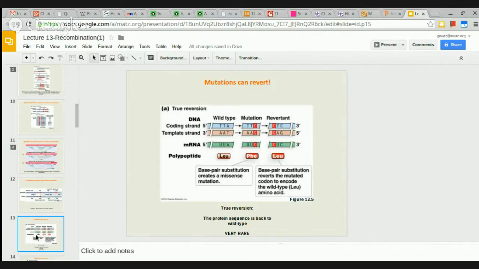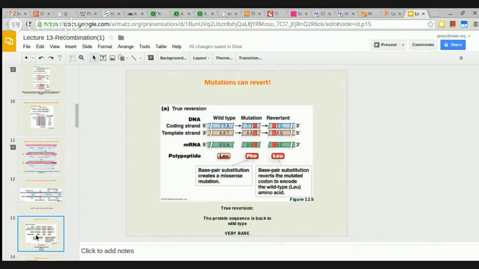And that's extremely rare. In fact, I worked for many years on bacteriophage, on E. coli, and then I did also, for better or worse, a PhD in yeast genetics. I've never seen a true reversion in my life. Never. So theoretically, it can happen. Practically, I don't know if anybody's ever seen one. That's probably because other events are more frequent.